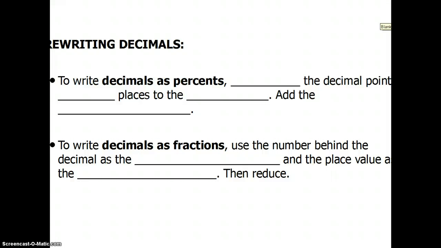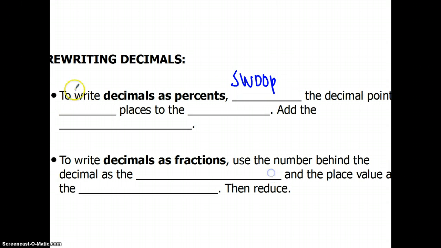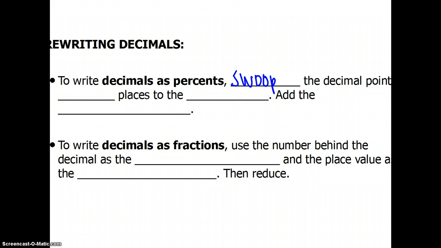Next one, rewriting decimals. To write decimals as percents, we swoop again. We still swoop 2 places, but this time we're going towards the percent sign, to the right.